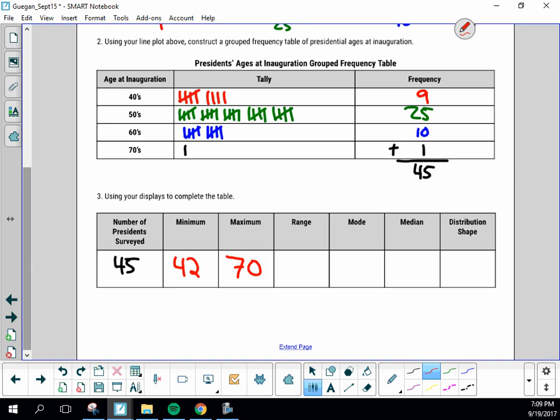Range, you take your maximum value and you subtract your minimum value from it, and that gives you the spread of your data. In this case, that should be 70 minus 42. And when you subtract those, you should get 28. So the distance from the youngest president to the oldest president at inauguration is 28.